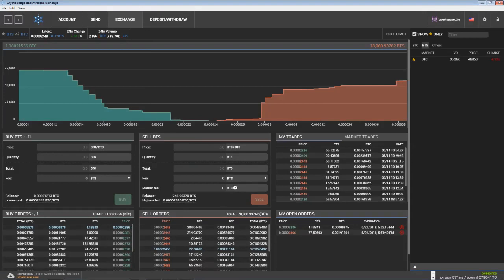I think I have a 3% spread put into these settings here. So it's going to take the last order price and go 1.5% lower, 1.5% higher, and input orders at those prices until one of those orders gets filled, and then it readjusts and sets new ones.